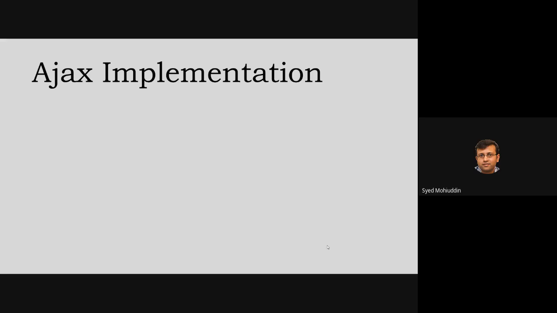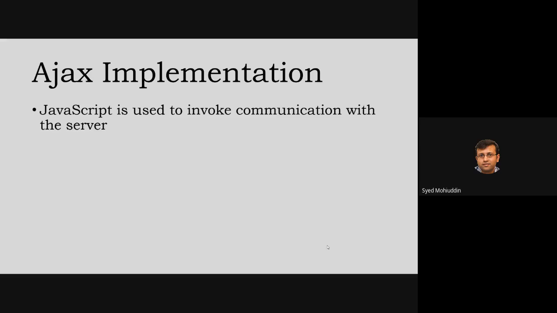Now, let us talk about how we implement Ajax. Without JavaScript, we cannot do anything with Ajax. JavaScript itself is a part of Ajax. So the communication, that is request and response, whatever we send, is through JavaScript.